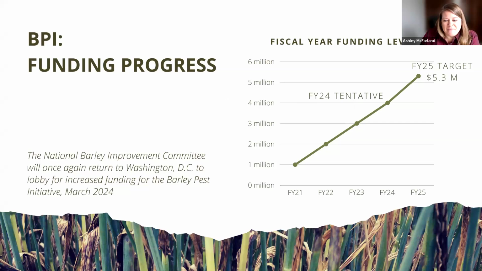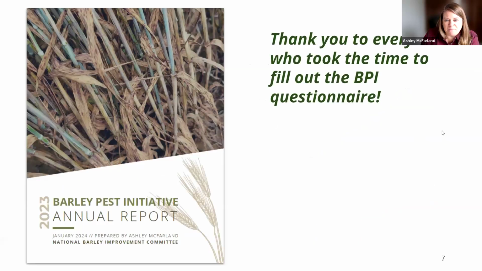So as you can see on the graph there, we've incrementally increased our appropriation $1 million every year. And so I'm hoping that we can get $1.3 million to push us over the finish line in this final year. So very exciting stuff. We're almost there. And this will also mean more funds to all of your programs.